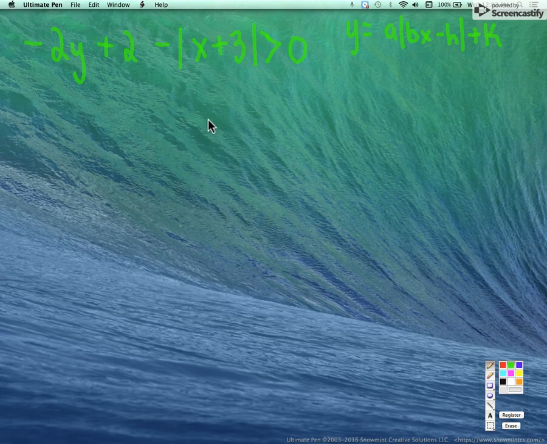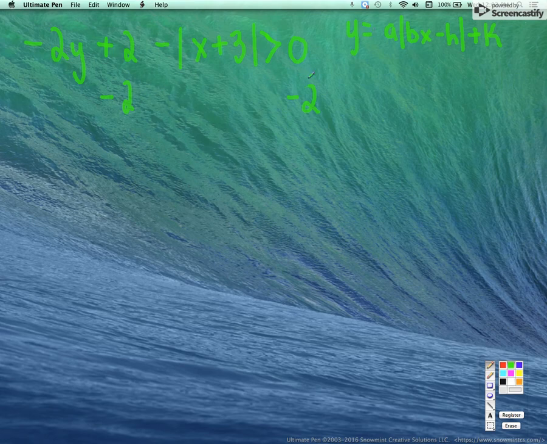So let's start. What we need to do is isolate y. We need to get things away from y. What I can see is that we can subtract 2 from the left side. If we subtract 2 over here on the left, we have to subtract 2 on the right. Anything we do on the left, we have to do on the right, just like an equation.